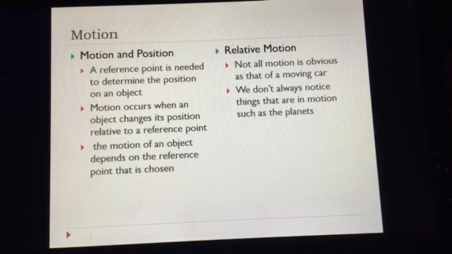However, the distance I traveled, because it's 10 miles to Warner and it's 10 miles back, would be a total of 20 miles. And so there is a difference when we talk about motion with displacement and distance. But the motion of the object depends really on the reference point that you have chosen to refer back to.